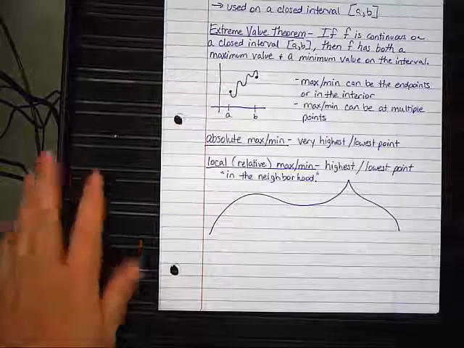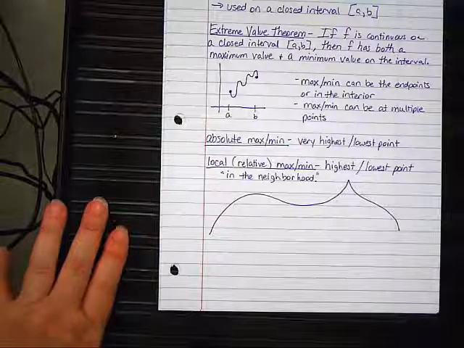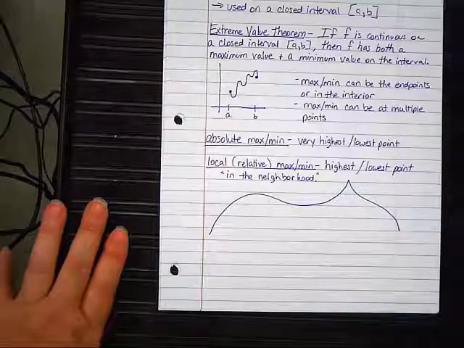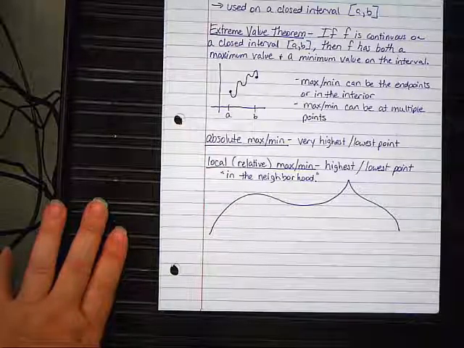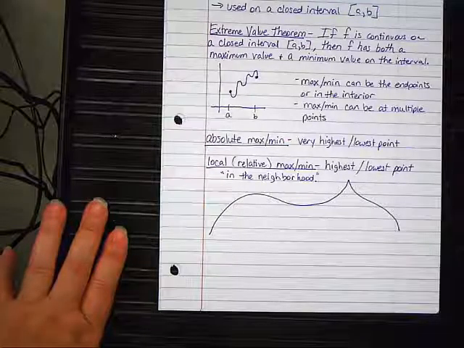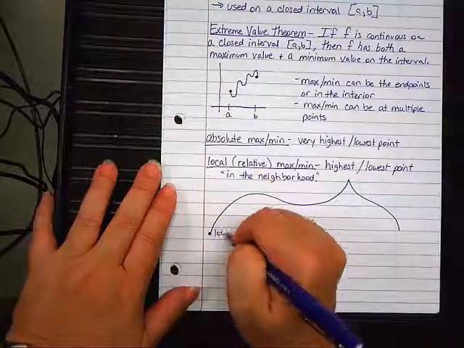Now remember I said local maxes and mins have to do with points in the neighborhood. How many local minimums do you see? I see 3. Where's the first one? At the starting point, exactly. So put a dot right there and label it the local minimum.